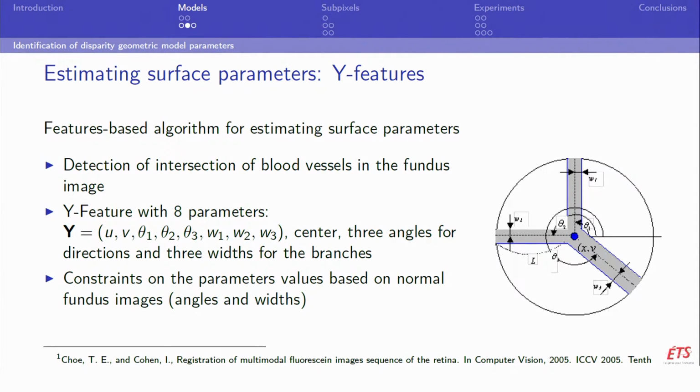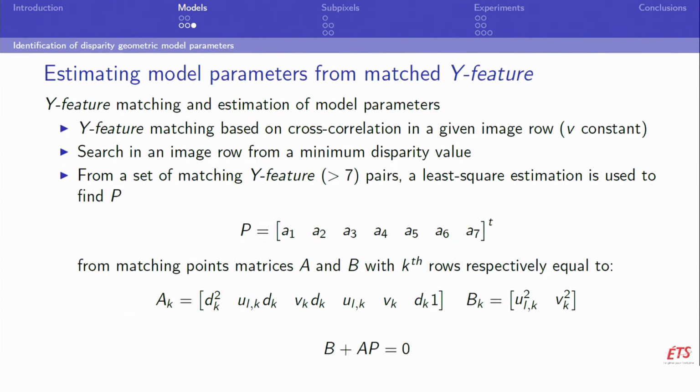Then we extract these features and use the matching of these features between the two images to extract the sparse disparity information that is used to recover the parameters of the quadratic surface.